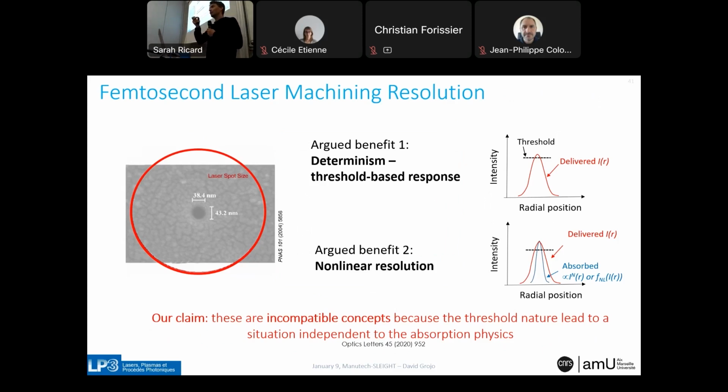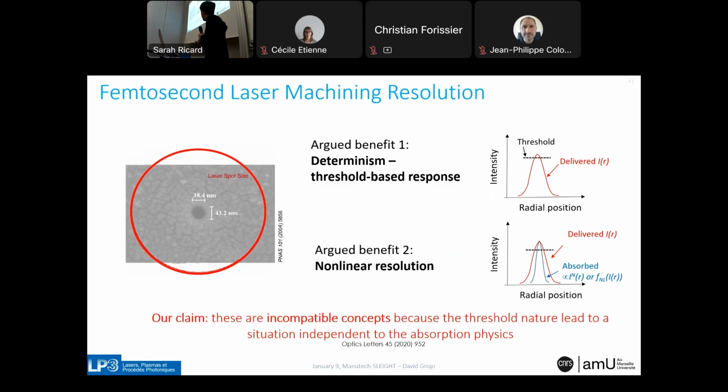You create the free carriers at a density so high with ultra short pulses that you have a strictly deterministic response independent of the quality of your material. And so you can describe the response of your material by a very strict threshold, meaning that with your Gaussian beam, if you exceed just at the center a little bit the threshold, you can arbitrarily adjust the precision of your machining.